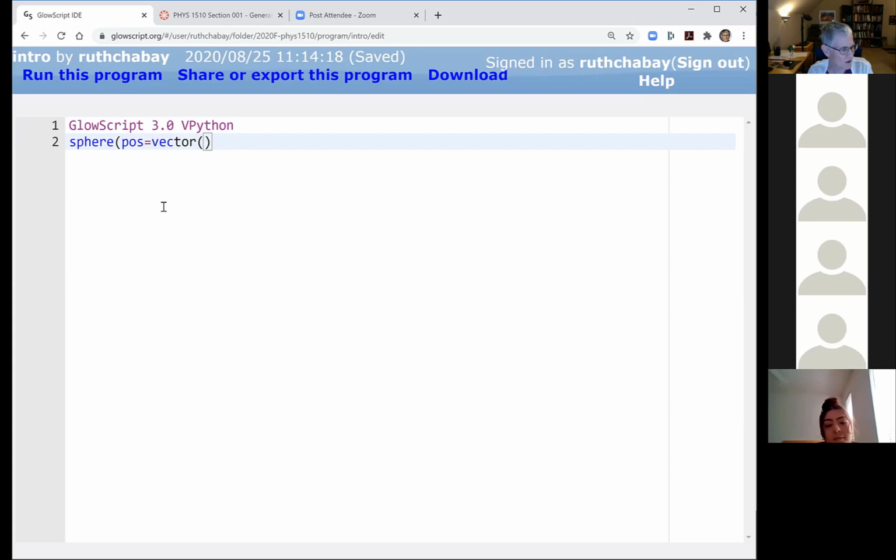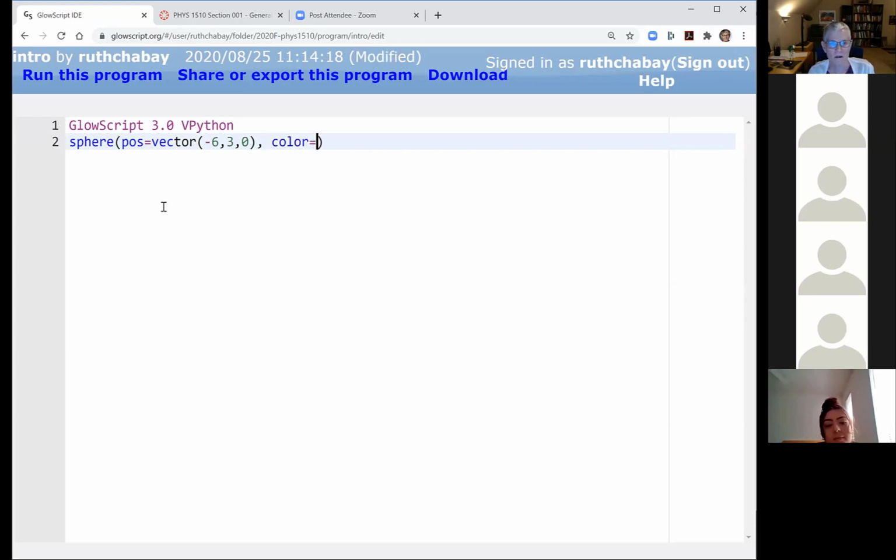So the position is a vector, and I'm going to move it. It started at the origin by default, but I'm going to move it to -6, 3, 0. We're in a three-dimensional Cartesian coordinate system with the x-axis running to the right, the plus y-axis running up, and the plus z-axis coming out of the screen at you.